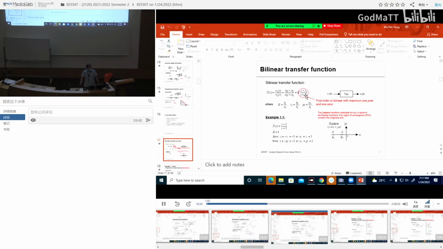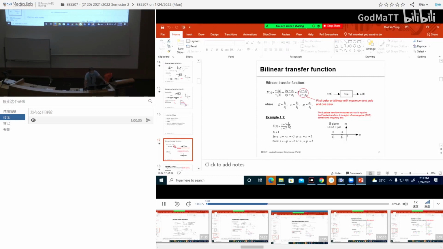Or you can have 1 zero and no pole, where the pole is very far away. Once you have 2 zeros or 2 poles, it's not bilinear anymore. No pole, no zero, then it's basically DC.